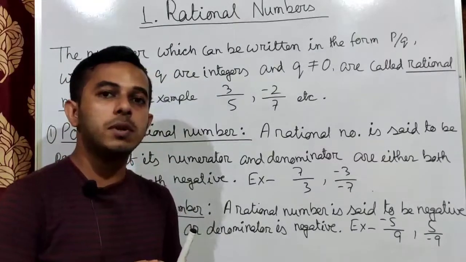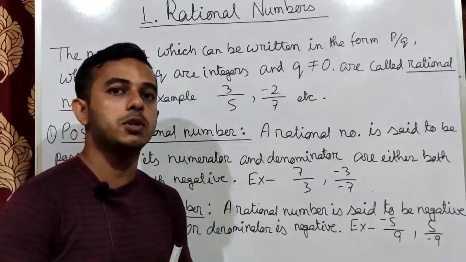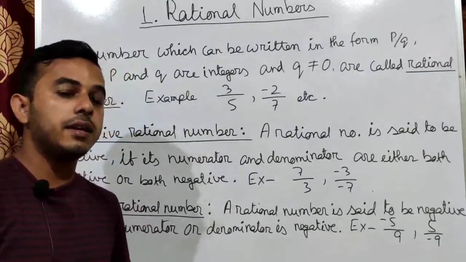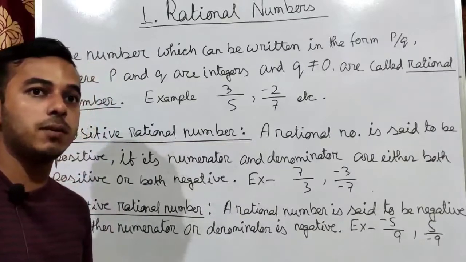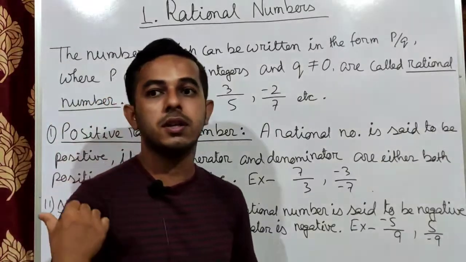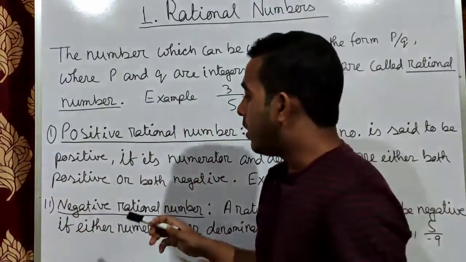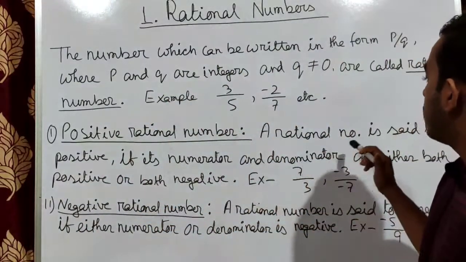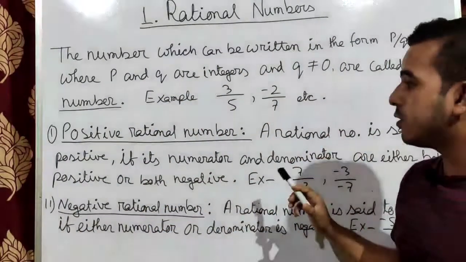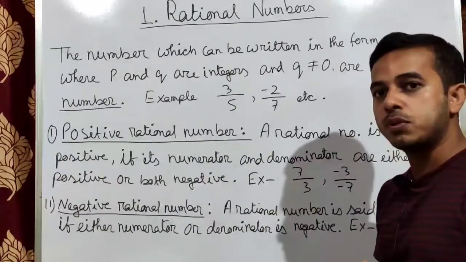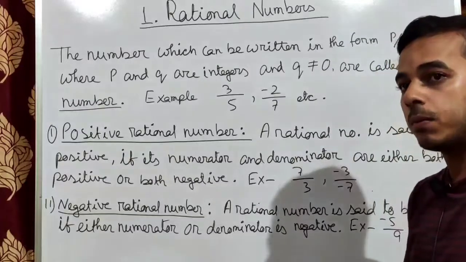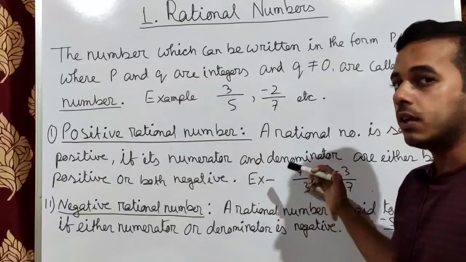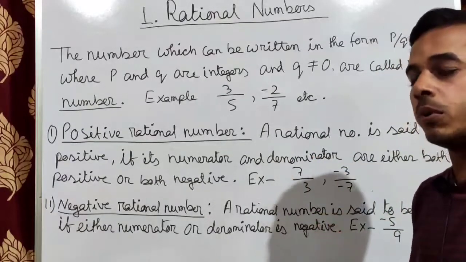Then those numbers are known as positive rational number. Here it is the opposite from the name, right? The name is positive, but in definition it is said that if it is positive, then both the numbers must be positive, but if it is negative, then both the numbers must be negative. Which are the numbers? That is numerator and denominator.